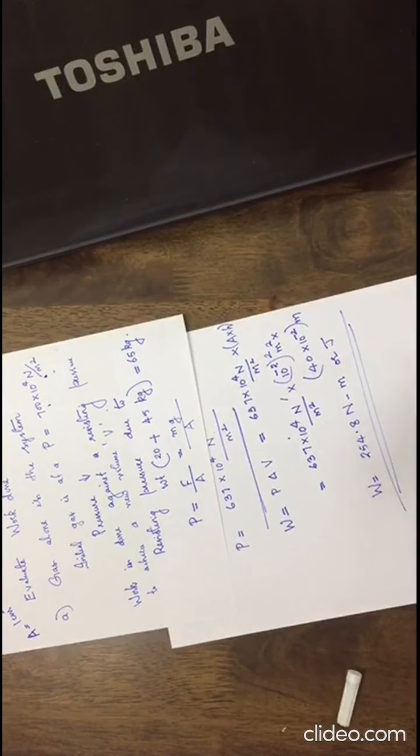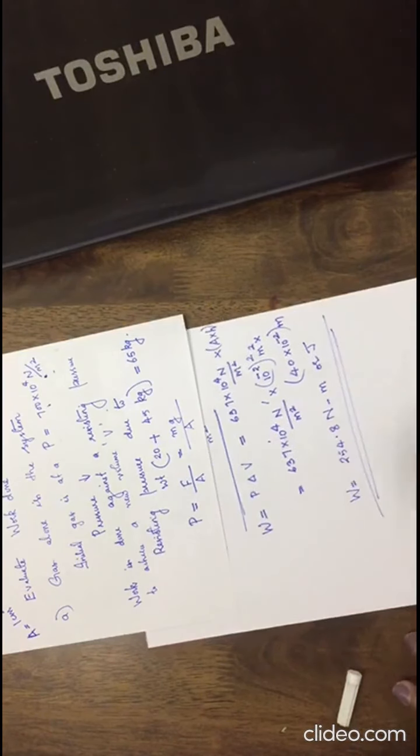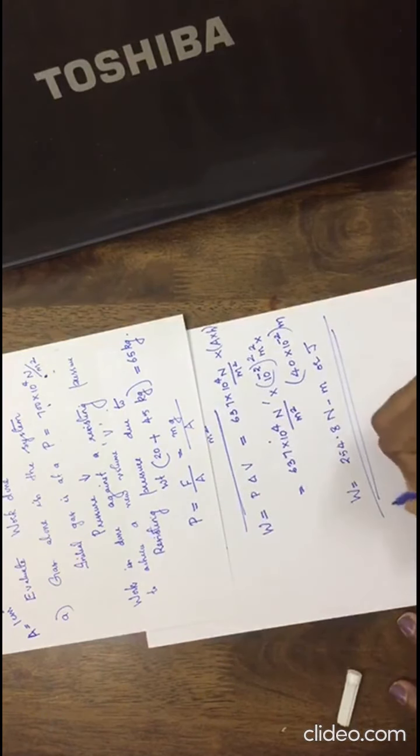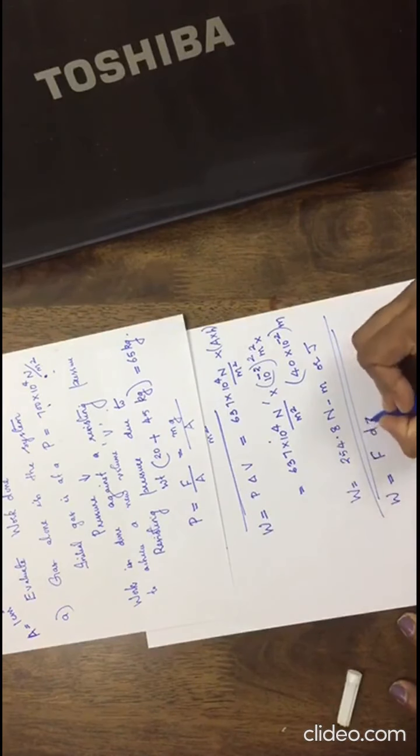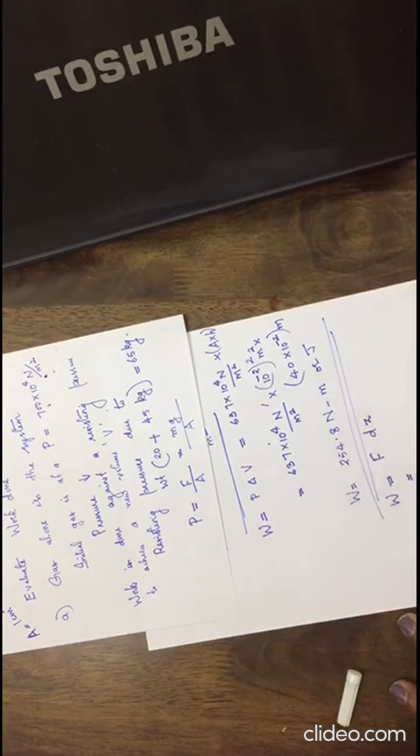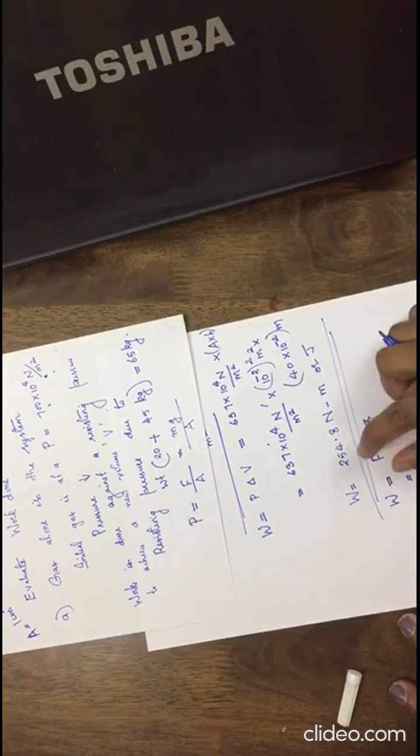Or you can calculate work done as work is equal to displacement work. Work done is equal to F into dz. What is F? F is due to the resisting force.